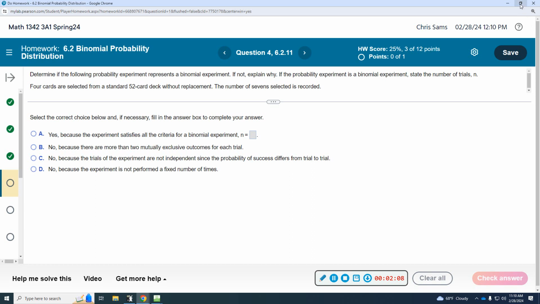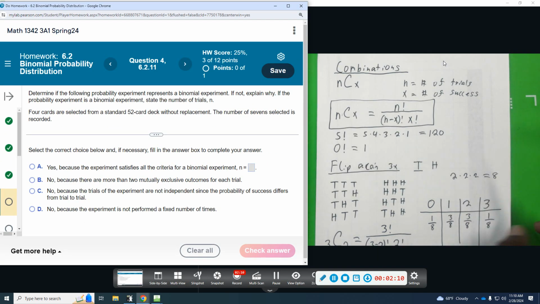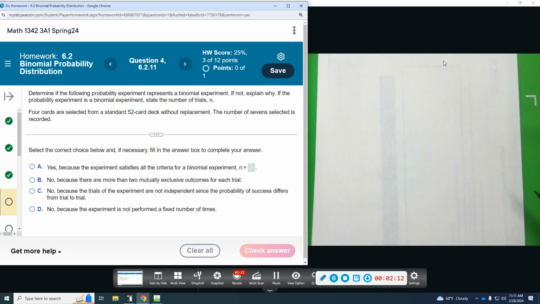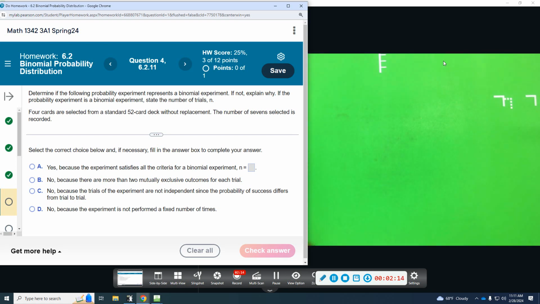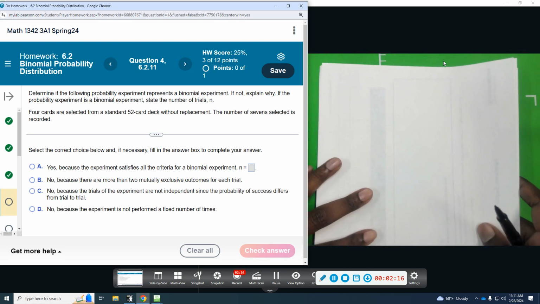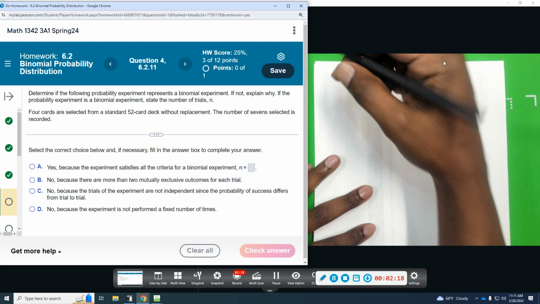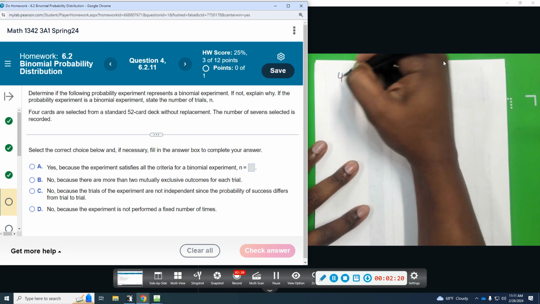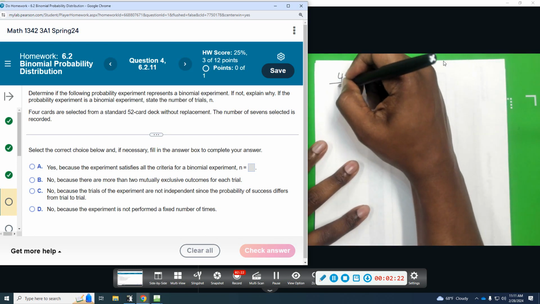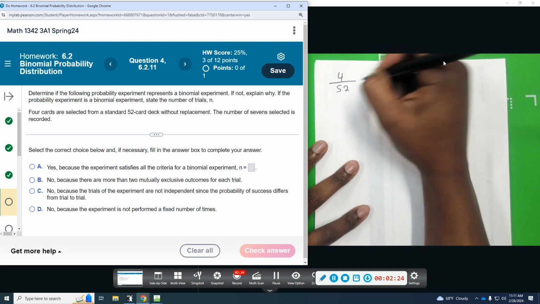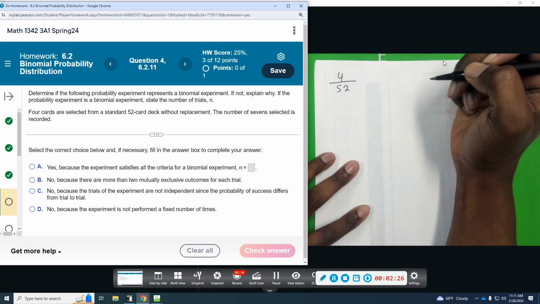So, for example, just dealing with a normal deck of cards, the probability of obtaining a 7 would be 4 out of 52. There's 4 7s out of 52 cards. Okay.